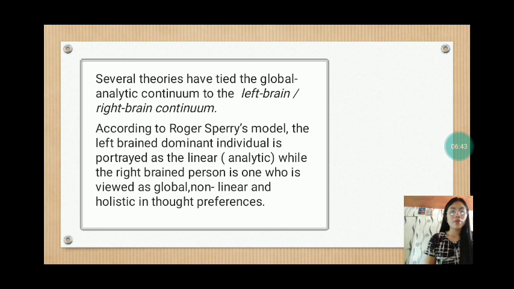Several theories have tied the global analytic continuum to the left brain or right brain continuum. According to Roger Sperry's model, the left brain dominant individual is portrayed as linear or analytic, while the right brain person is viewed as global or nonlinear, with holistic thought preferences.